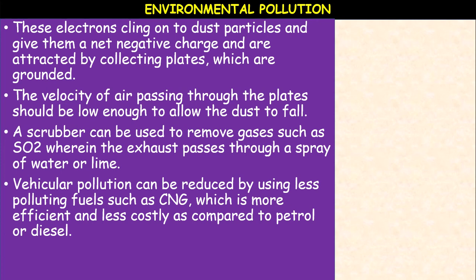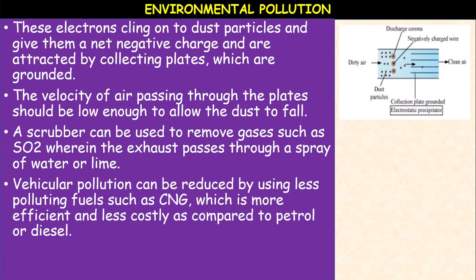In petrol and diesel based vehicles, incomplete combustion takes place and more smoke containing sulfur dioxide and nitrogen oxides is produced. Whereas CNG can be burnt completely and releases more energy. It is less costly and an eco-friendly, environment friendly fuel.